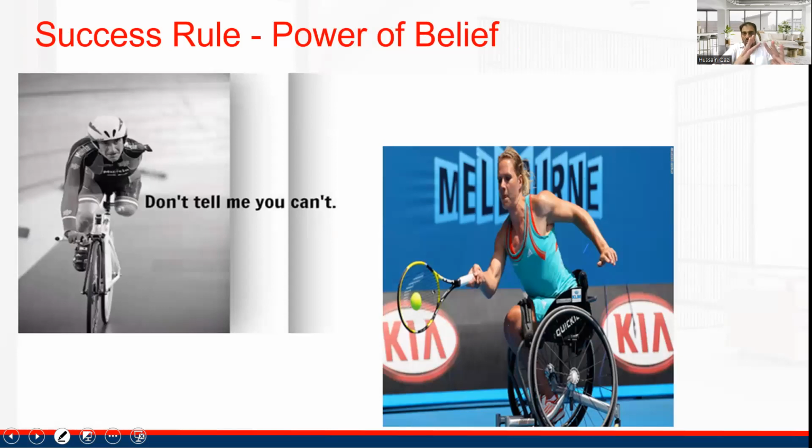These two pictures are not made through Photoshop. They are not artificial. If you observe these pictures, it's all about the power of belief and self-confidence. If you believe that you can do it, you will be able to do anything in the world.